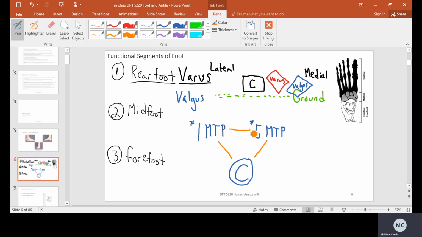there's 3 basic phases of gait. There's the phase of force dispersion or force acceptance. So as I go through the gait cycle, I'm going to go through a period of force dispersion.